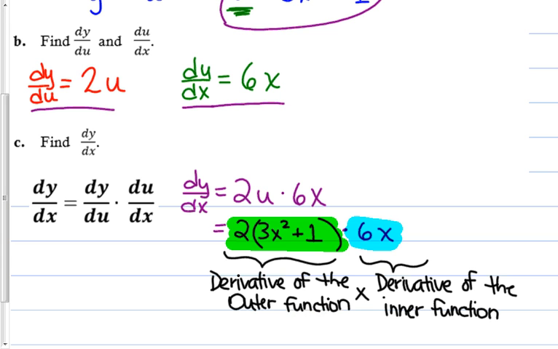Ladies and gentlemen, this is the chain rule. This is the rule for chain rule. This is how we're going to do the more complicated equations. It's the derivative of the outside times the derivative of the inside.